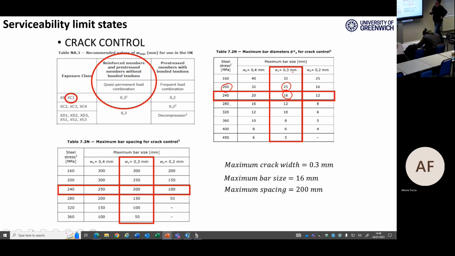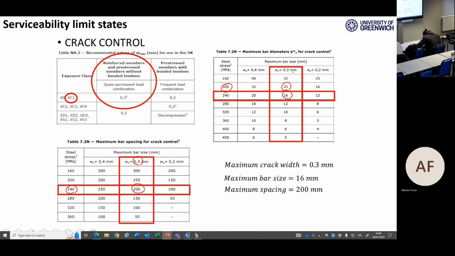And this one gives me some information about the spacing. So again, my crack width is 0.3, and for this case of steel, the maximum spacing is 20 centimeter.